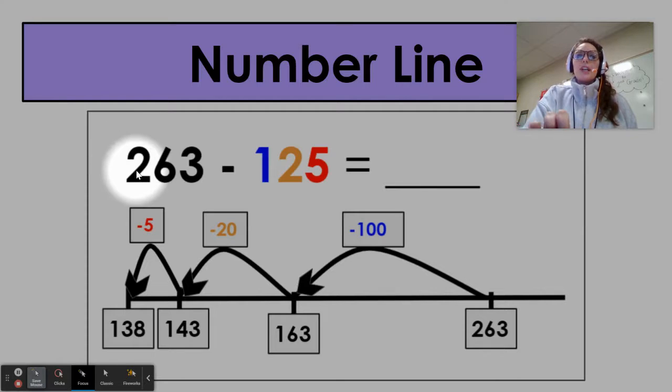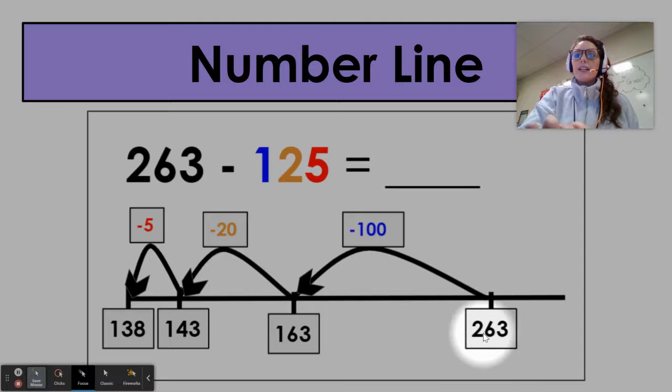My new equation is 263 minus 125. When I use the number line for subtraction, I need to start with the larger number on the right side. That way I can subtract backwards on my number line.